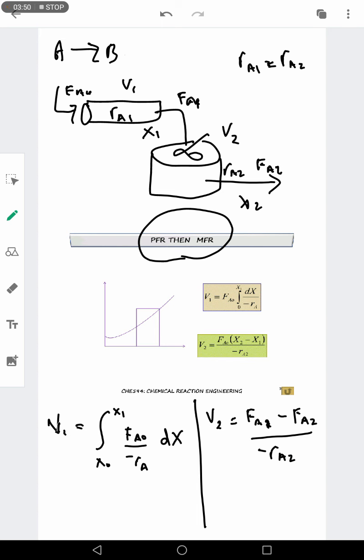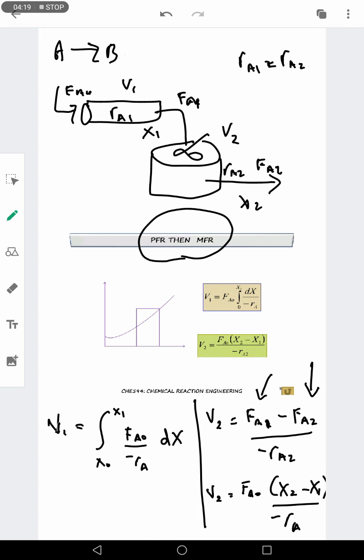So macam tadi, kalau nak in terms of conversion, you masukkan in terms of conversion for FA1 and FA2, kalau you ingat lagi video sebelum ni, and in the end for V2 you'll get FA0 (X2 minus X1) over negative RA2.